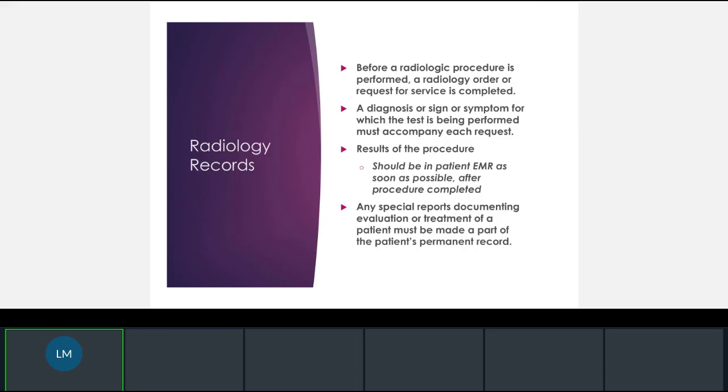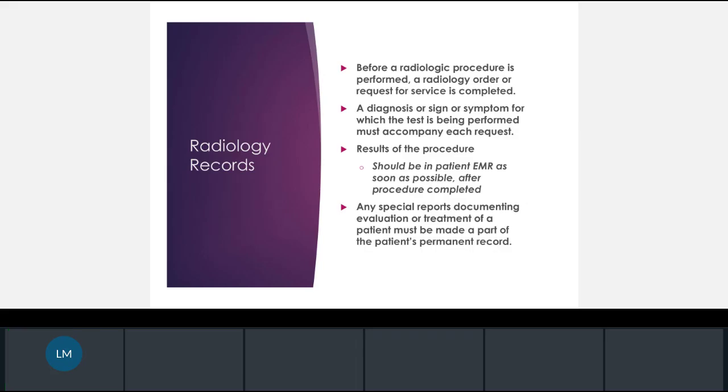So if you have an order for a patient's tib fib, their lower leg, and the reason for exam says abdomen pain, that doesn't justify ordering a lower leg extremity image with abdomen pain. So whatever that diagnosis or sign or symptom is, it has to correlate to the exam that's being ordered.